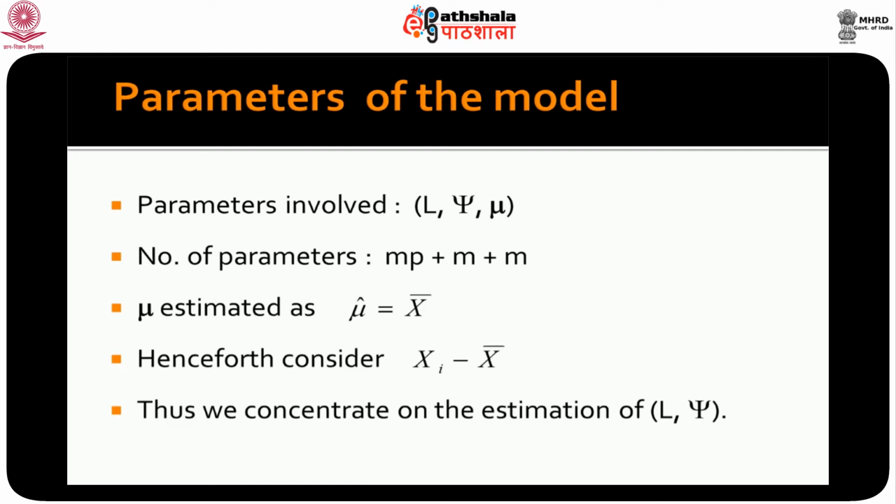But the mean of the process, as is always done, can be obtained from x bar. So, mu hat as always would be x bar, and what we will work with is basically x minus x bar, the corrected model, which would be equal to L f plus epsilon. And now we would just be looking at the estimation of the elements of the matrix L as well as the diagonal elements of psi.